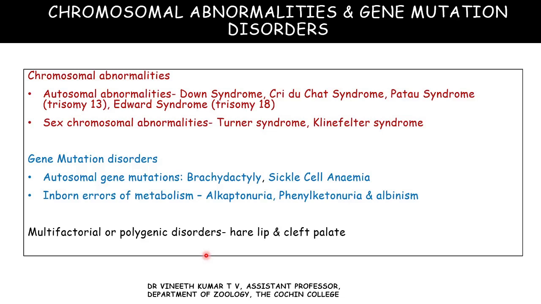In Turner syndrome, it is due to monosomy, the lack of an X chromosome, represented by X0, and Turners are considered to be females. So, with this, we come to the end of this discussion. In the next session, we are going to discuss gene mutation disorders. Thanks for listening.